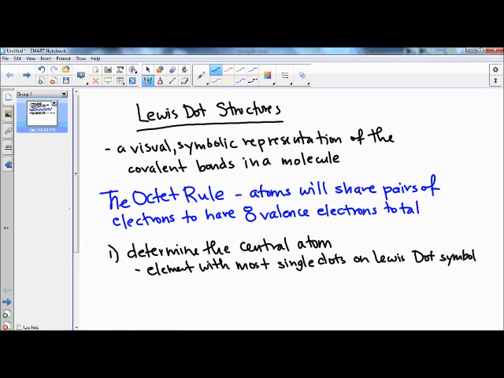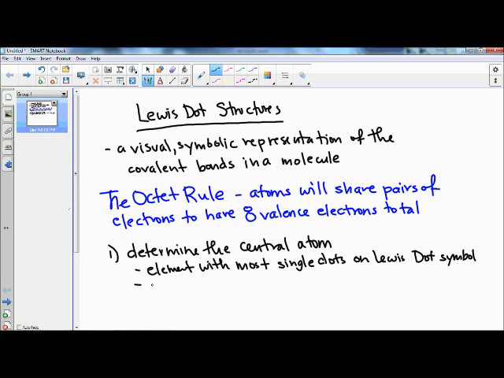If you need to, you might want to pull out your Lewis dot symbol worksheet and review how to determine what the dot pattern is for a given element. We're just going to be working with nonmetals, but you're going to have to remember how to draw Lewis dot symbols, because Lewis dot structures are made from connecting up Lewis dot symbols.